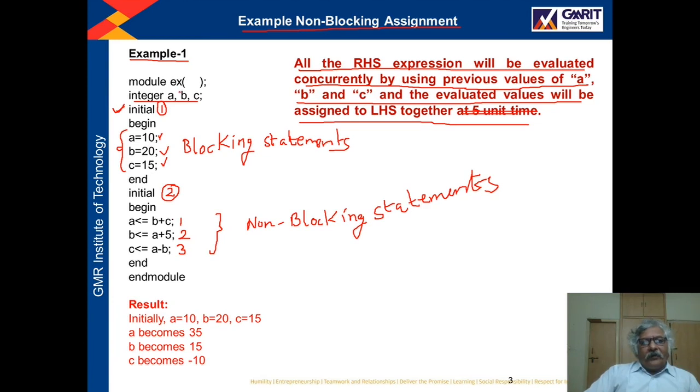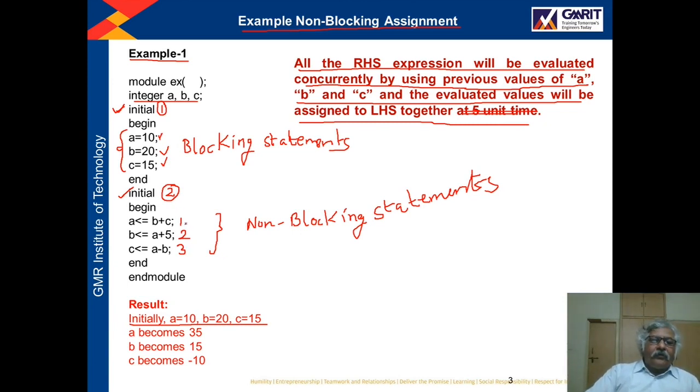When you run this code, then the values of A, B and C will be initialized as 10, 20 and 15. So initially A is equal to 10, B is equal to 20 and C is equal to 15. And due to the initial block, statement 1, statement 2 and statement 3 are executing in parallel, right?